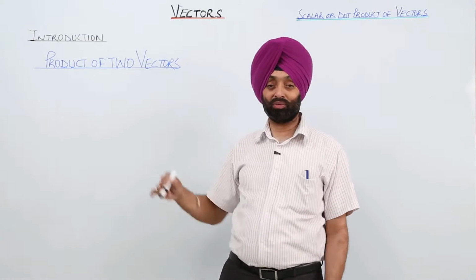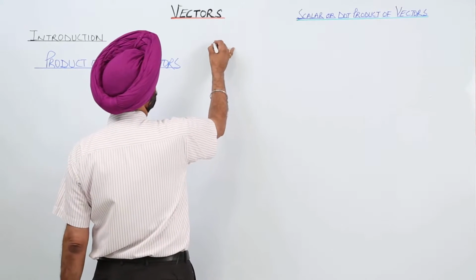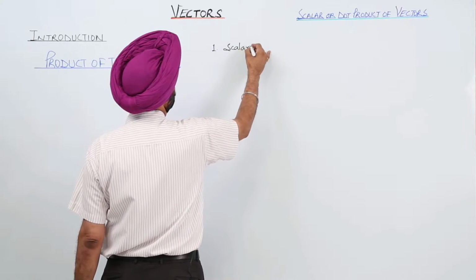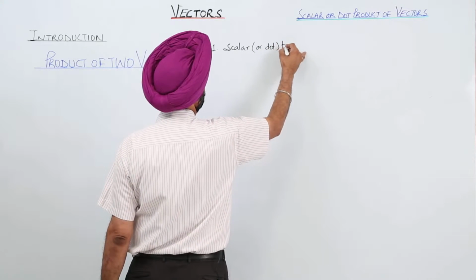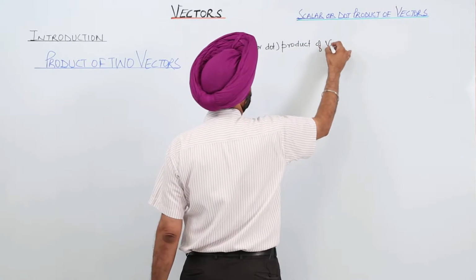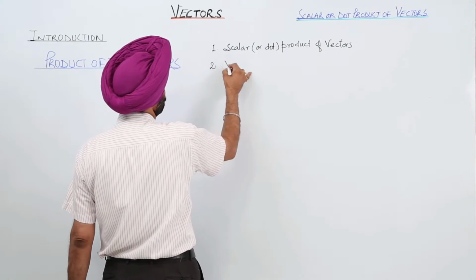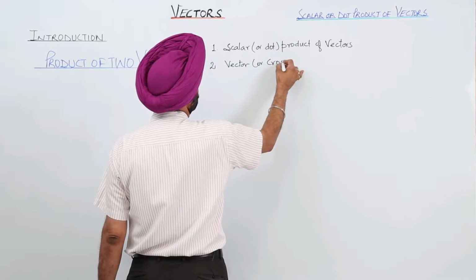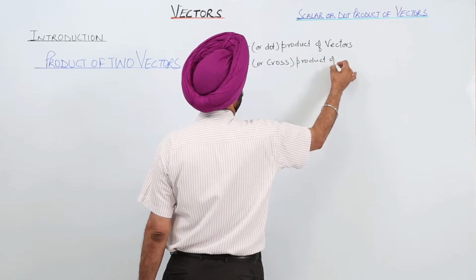In the product of two vectors, what we are going to do now: number one is scalar or dot product of vectors, and then we have vector or cross product of vectors.